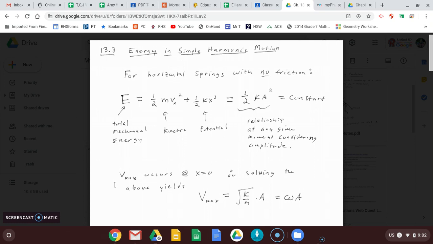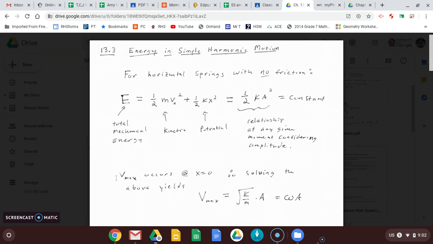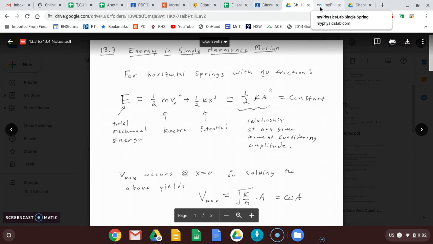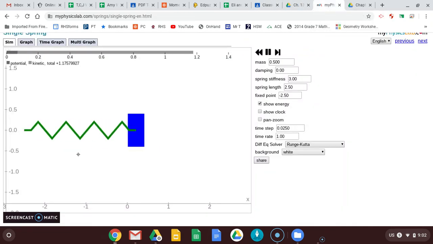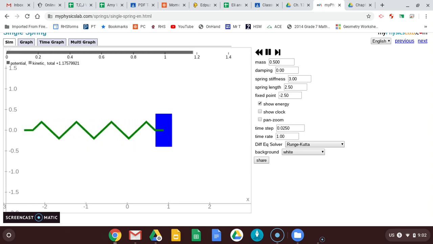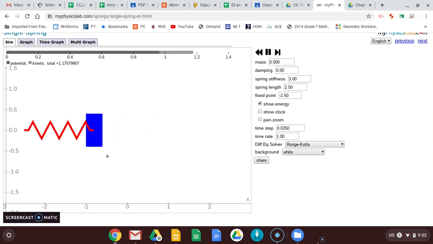A common thing asked to find using this formula, and this formula makes it pretty easy to find, is to calculate the maximum velocity. Well, the maximum velocity, let's flip it to the simulation, occurs when we have the least potential. When we have the least potential, that would be when the spring passes through the equilibrium position.